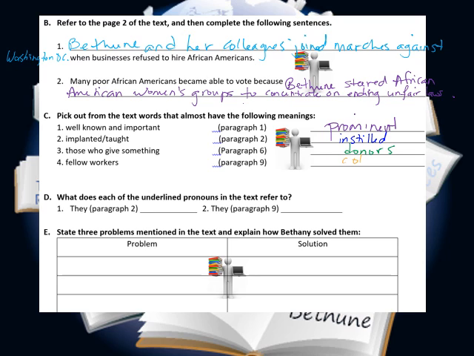Colleagues. Okay, from paragraph 2, what does the pronoun they refer to? Yes, Tala? Bethune's family. From paragraph 9, which they, yes? Bethune and her colleagues is correct as well.